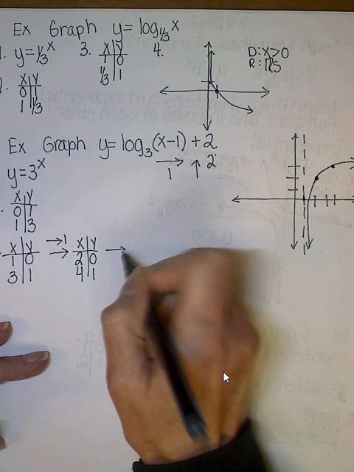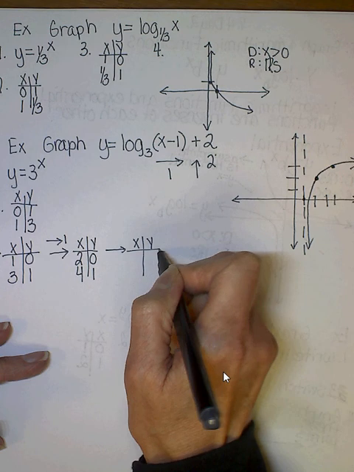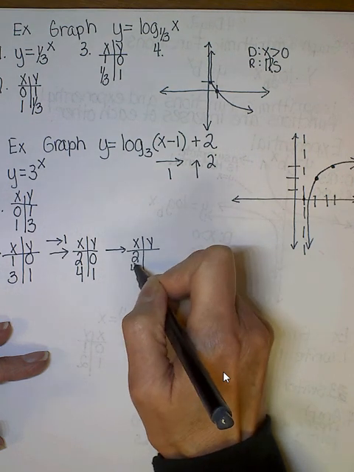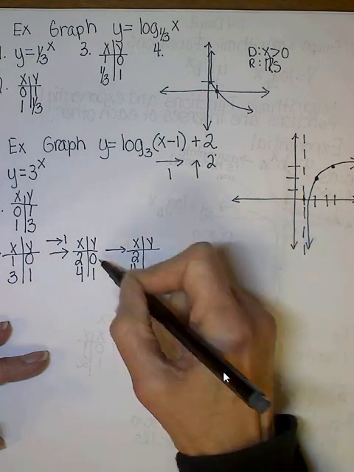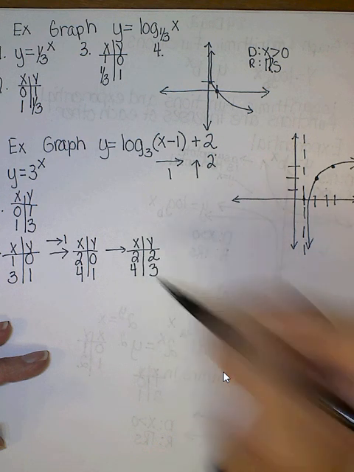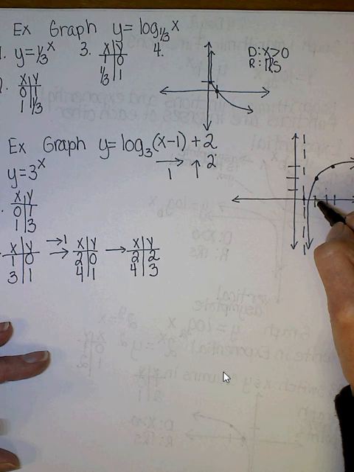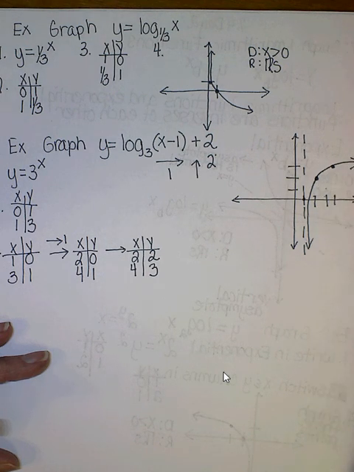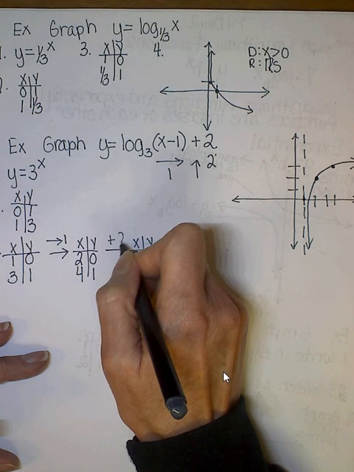Now I'm going to make another xy table for going up 2. If I go up 2, it adds 2 to all the y values. So 0 plus 2 and 1 plus 2, these would be my new points: (2, 2) and (4, 3). And you can just plot them like that. Either way, however you feel most comfortable.